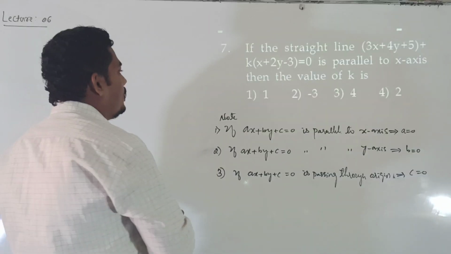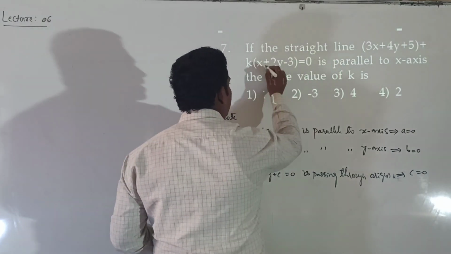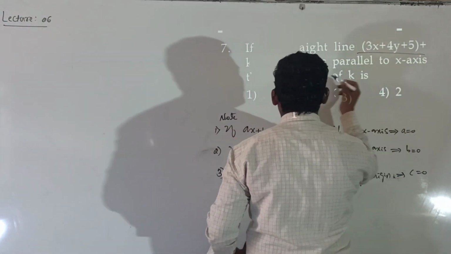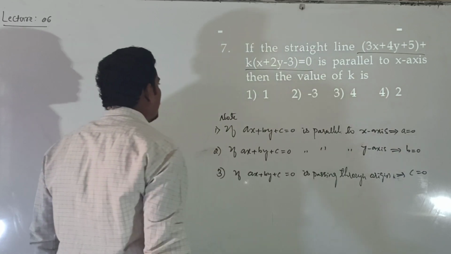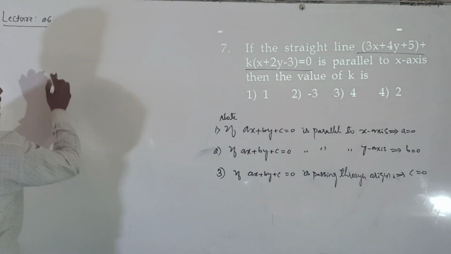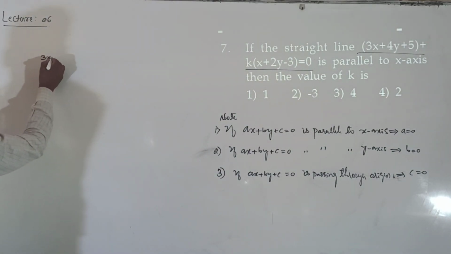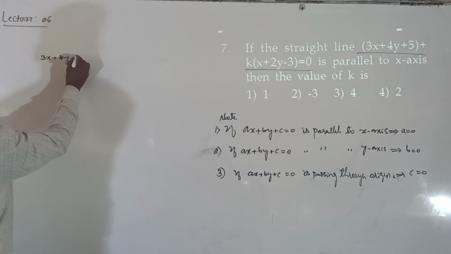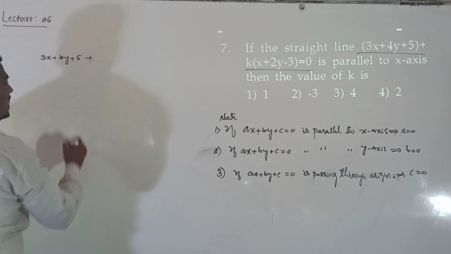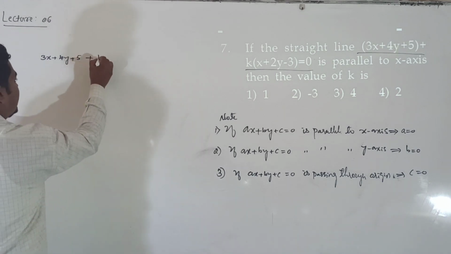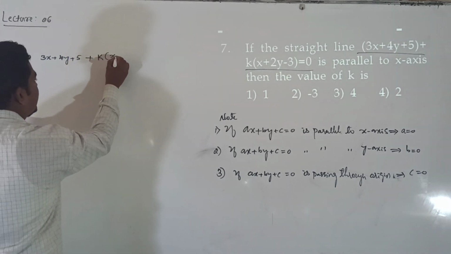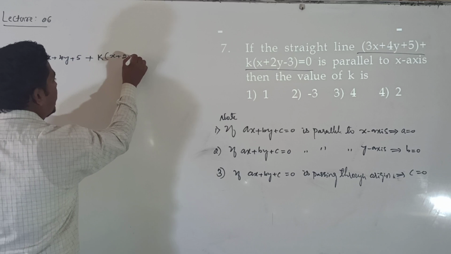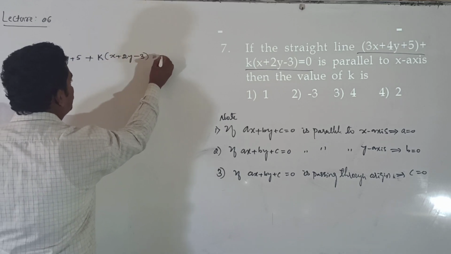Now, first write this equation in the form of ax plus by plus c. What have they given? 3x plus 4y plus 5 plus k into x plus 2y minus 3 equal to 0.